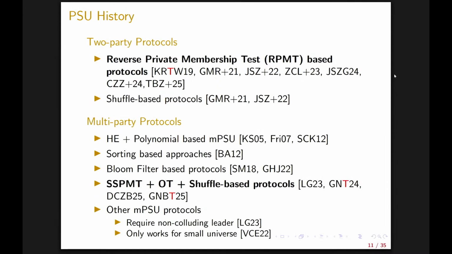For multiple parties, they have different techniques, and of course, they can use for two parties, right? And the state of the art right now, they use secret share, PMT, OT, several combinations. My talk today will jump to this approach.